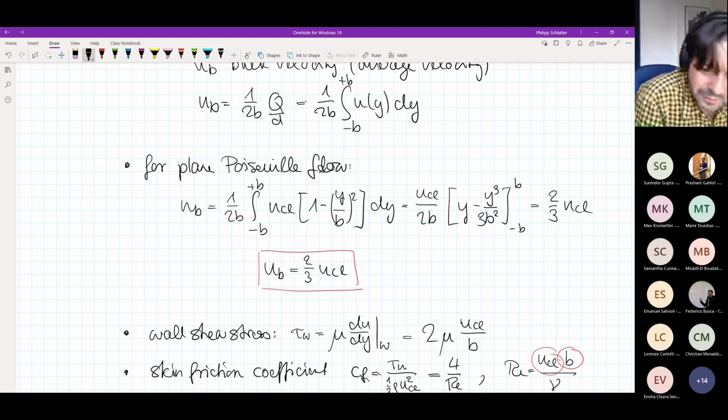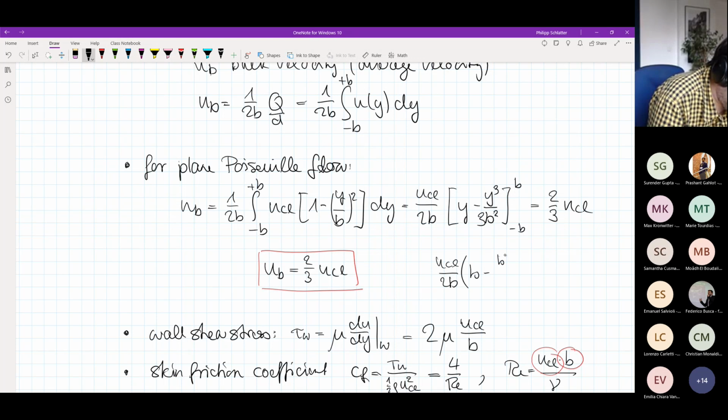I think that also becomes correct now. Because what you have now, you evaluated. So let's do that properly. So you have UCL divided by 2B of B minus B to the 3 divided by 3B squared, right? Then you have minus B, and this one becomes minus plus.